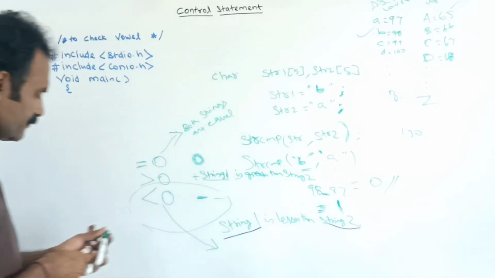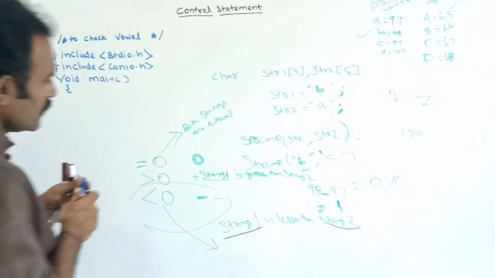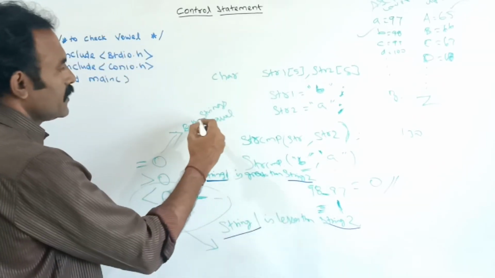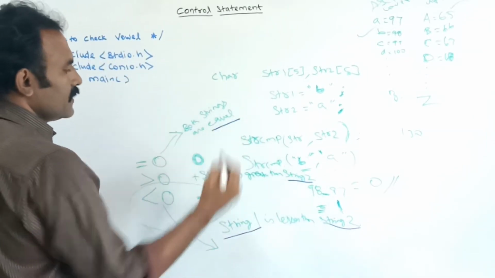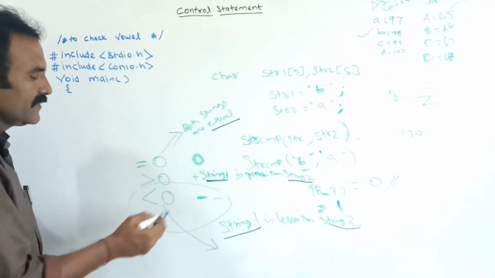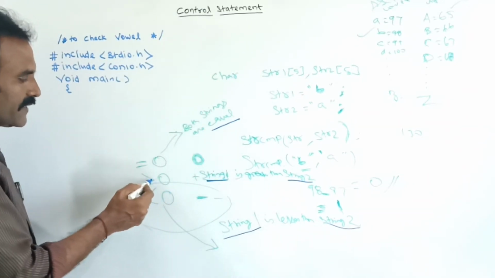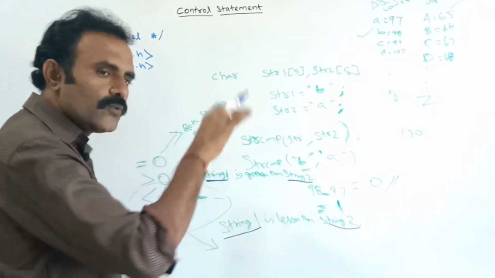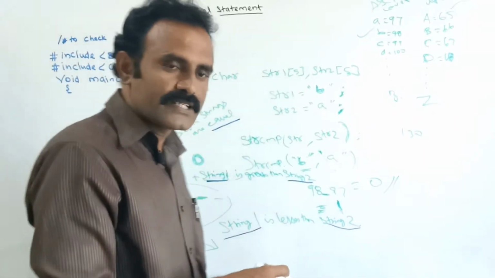Here string 1 is greater than string 2. Here both strings are equal if the return value is 0. If the return value is greater than 0, then the first parameter, string 1, is greater than the second parameter, string 2.